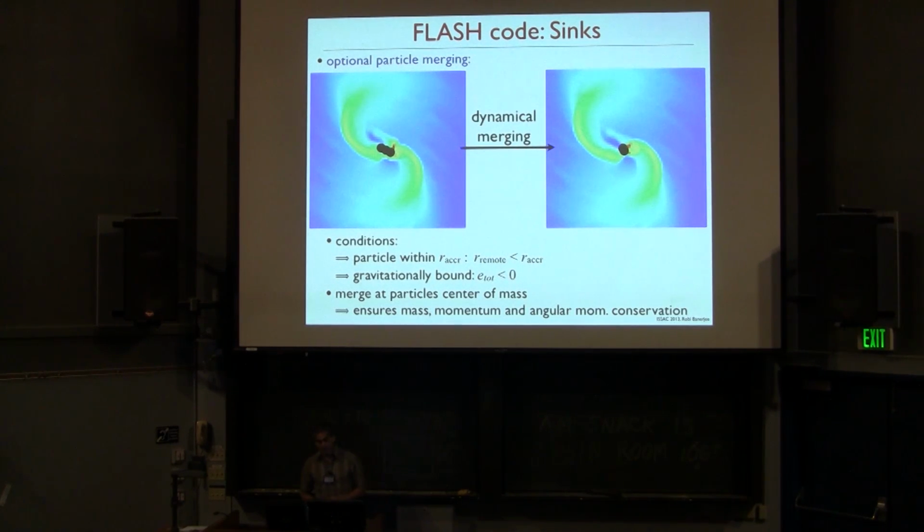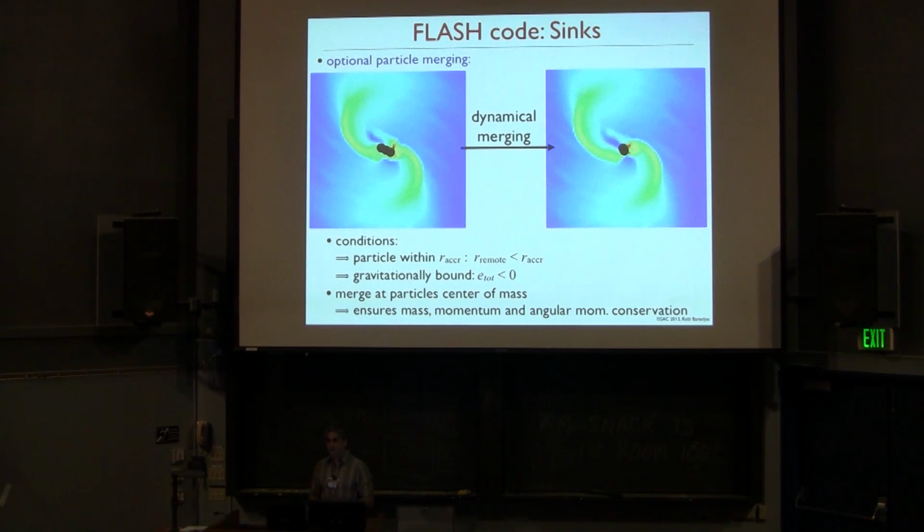Yeah, and on top of this, there's an option of merging particles if they come too close, and you can imagine that might be useful if you're not talking about individual protostars, not objects of less than 0.1 AU, but larger objects which essentially are still just gas clumps, self-gravitating gas clumps, which might undergo even physically some merging.